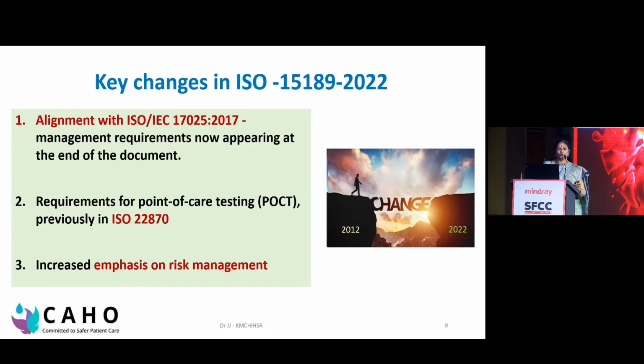However, for people applying for POCT alone for accreditation, it would still be valid till this document gets completely implementable, or completely mandated to be implemented from December 2025 onwards, right? Till then, you can go with this POCT ISO 22870 document if there is a laboratory going for accreditation for its POCT testing.